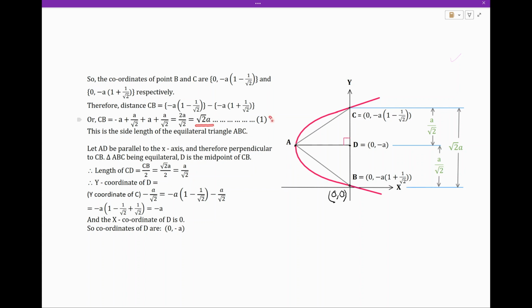Let us call it equation 1. This is the side length of the equilateral triangle ABC.